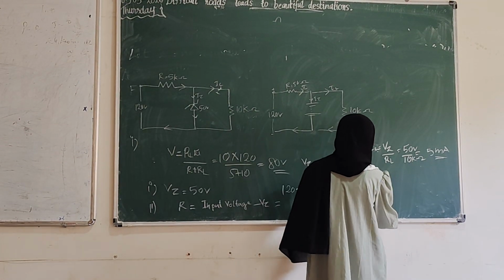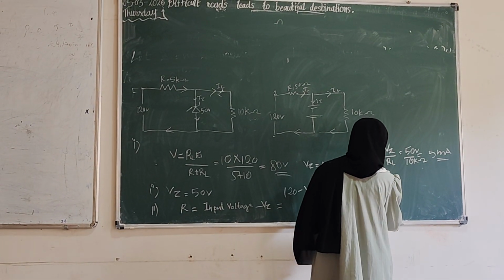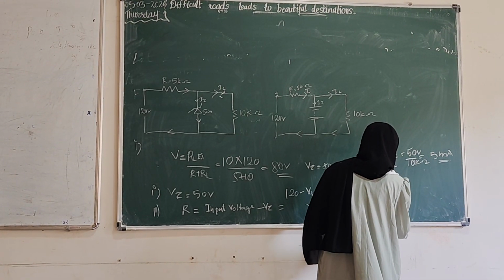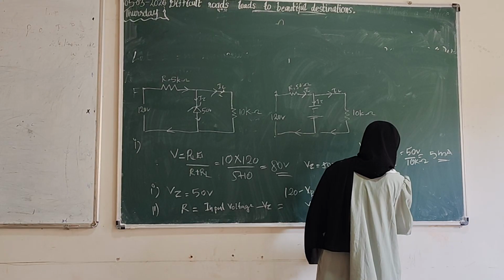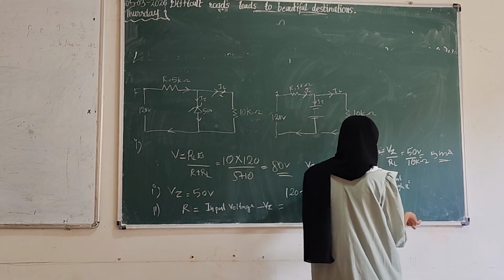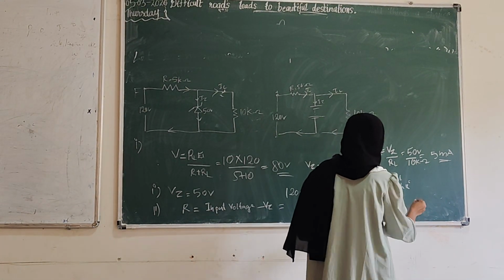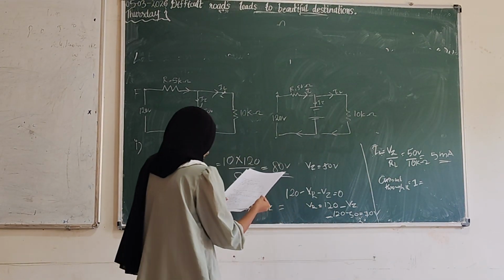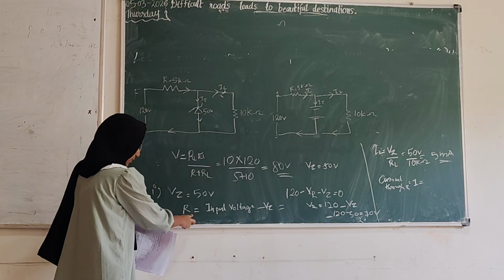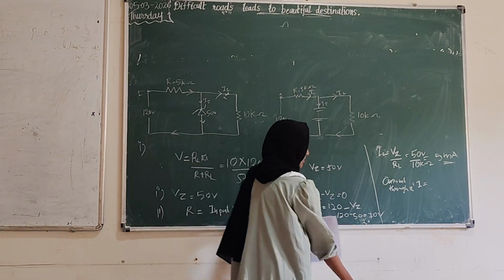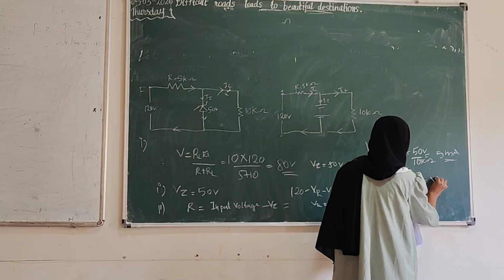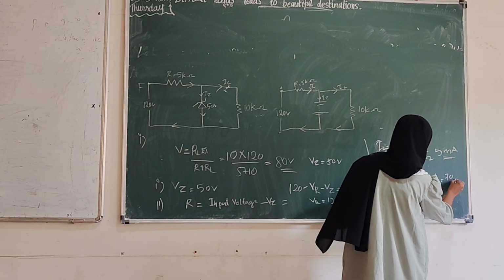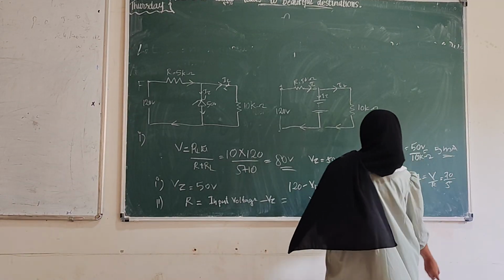Then we want to find the current through R. We know the voltage drop across R is 70. So the current through R is V by R, that is 70 by 5.